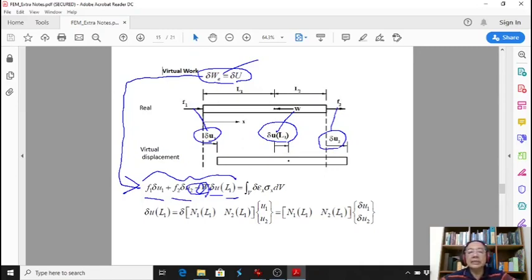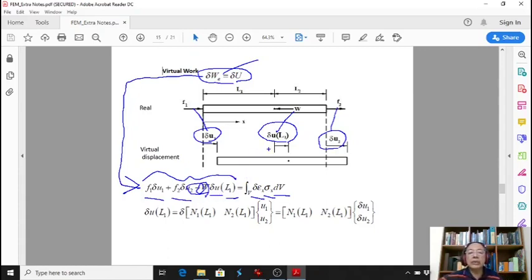So this is minus. Equal to, from the previous slide, the virtual strain energy, which is virtual strain times stress times dV, and we integrate.